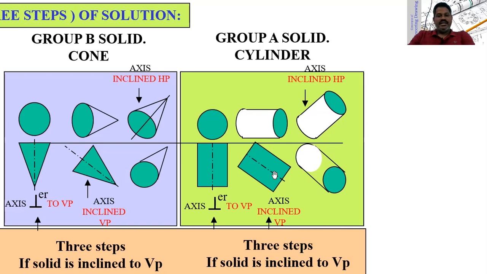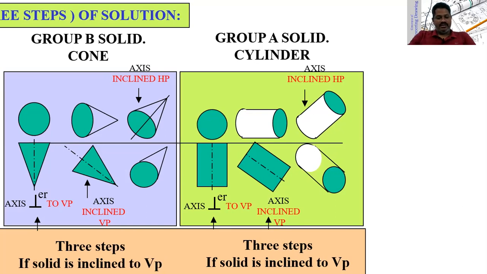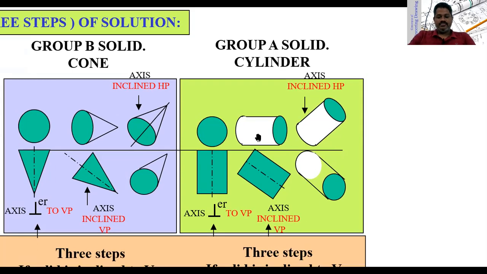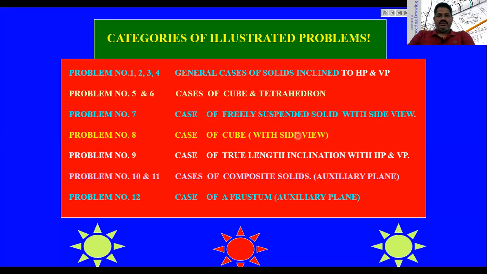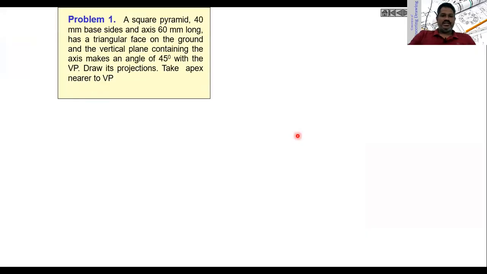Now, let me take one example here. So I'm considering one example here. A square pyramid, 40 mm base side and axis 60 mm long, has a triangular face on the ground.